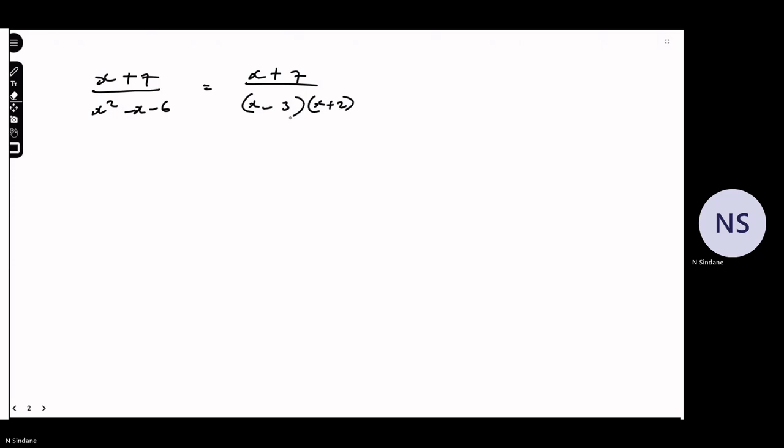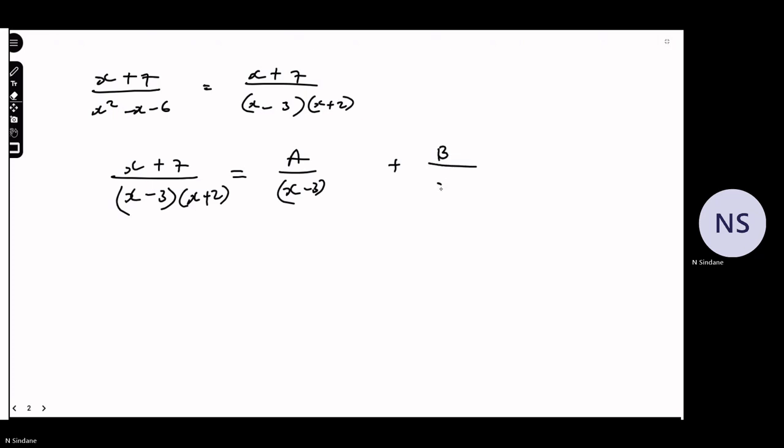Then x plus 7 over (x minus 3)(x plus 2) is equal to a over (x minus 3) plus b over (x plus 2).